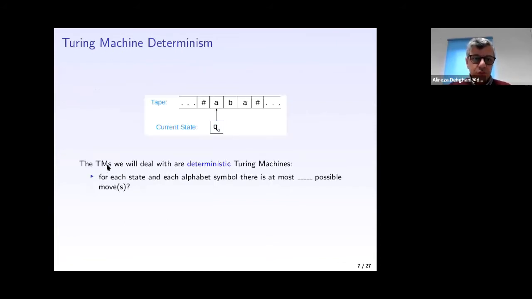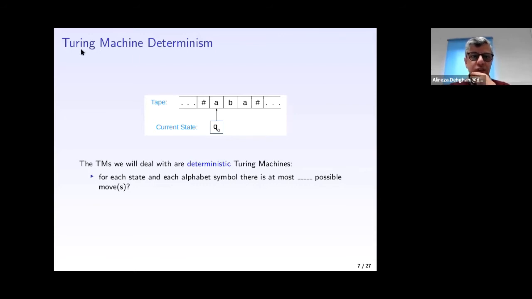So the Turing machines will deal with the deterministic. If that's a deterministic Turing machine, which would be similar to the definition we had for the deterministic for the other two types of machine, here for each state and each alphabet symbol, there is at most how many possible moves? Any idea? Do you think how many moves we can have in here if that's deterministic?